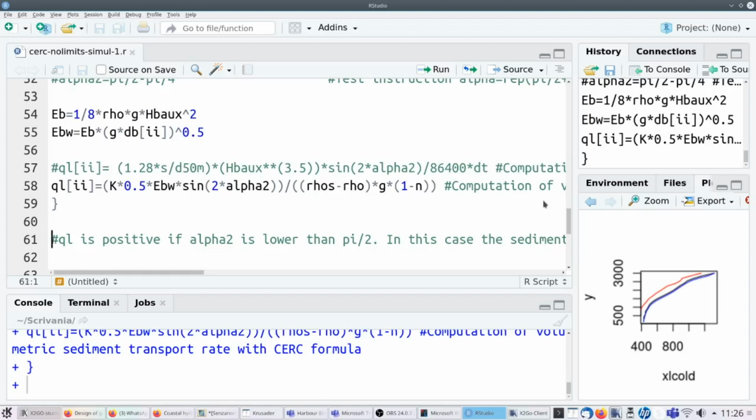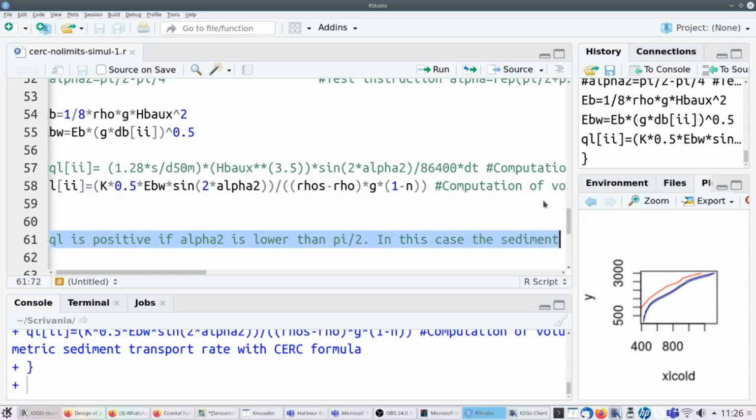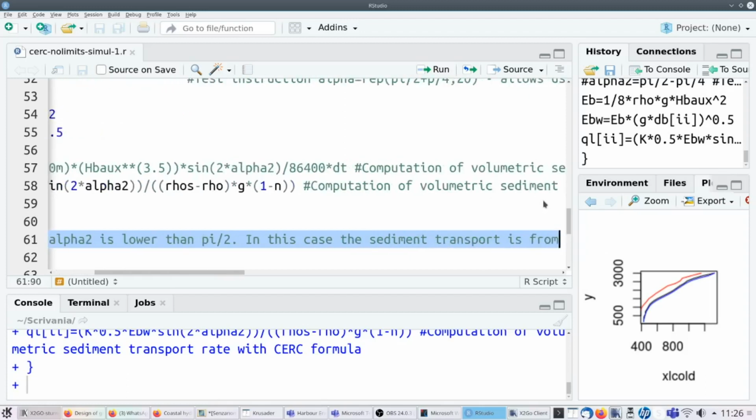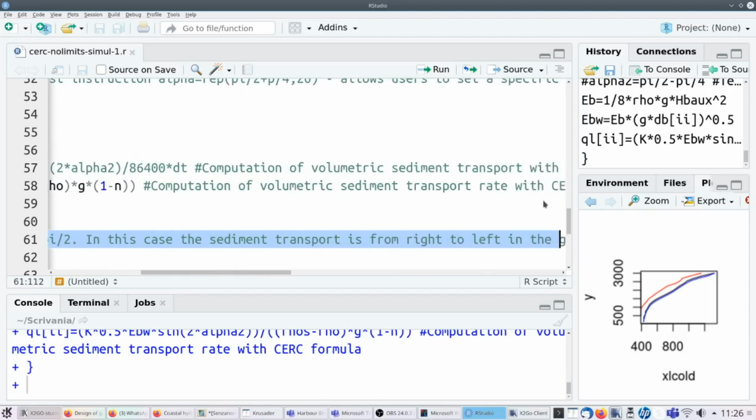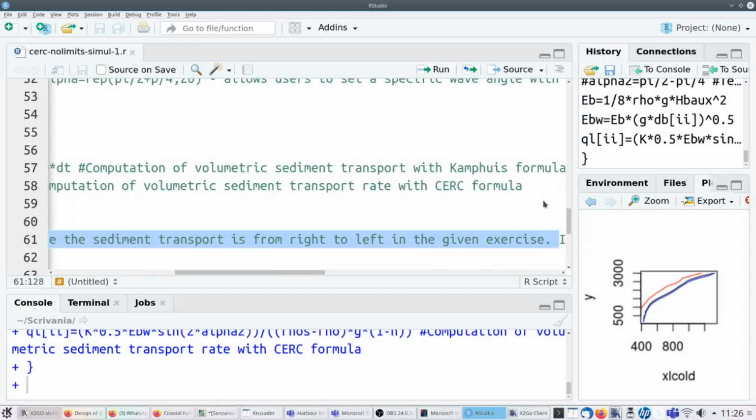So here there is a consideration on the sign, and it explains that QL is positive if alpha 2 is lower than pi half. In this case, it means that the sediment transport is from right to left in this given exercise.